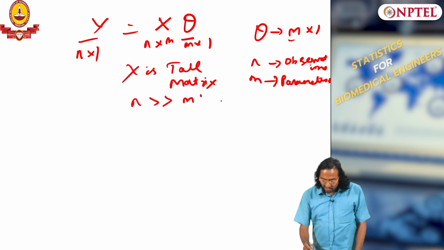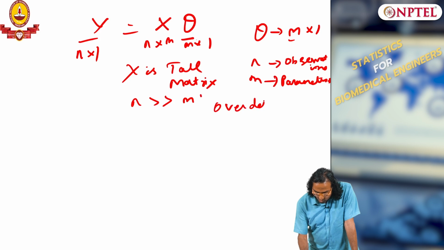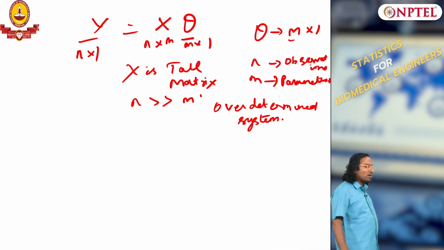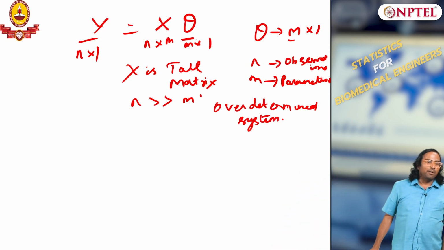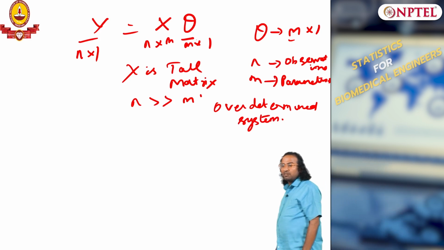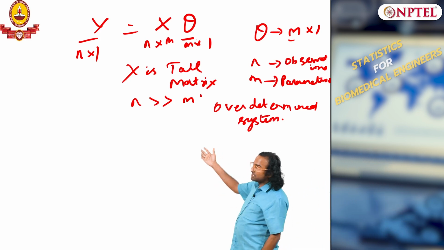We also call it an over determined system, meaning there are more equations compared to parameters.